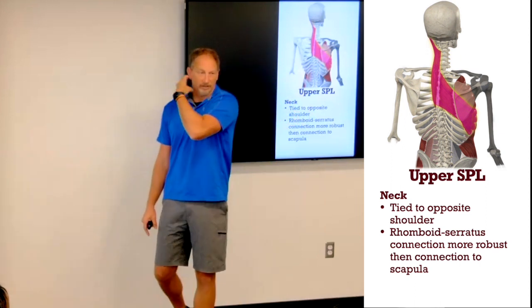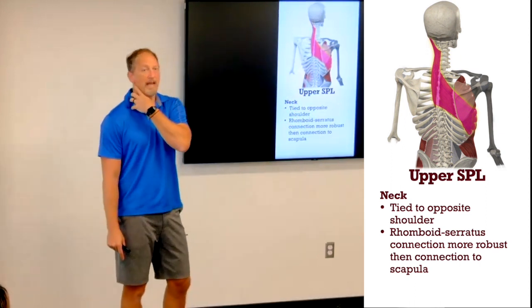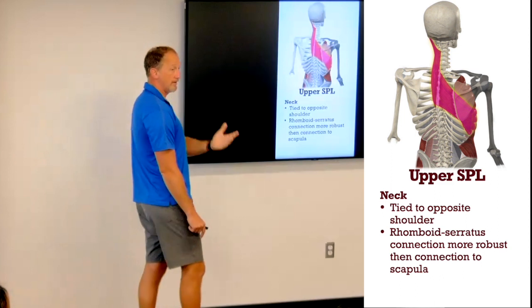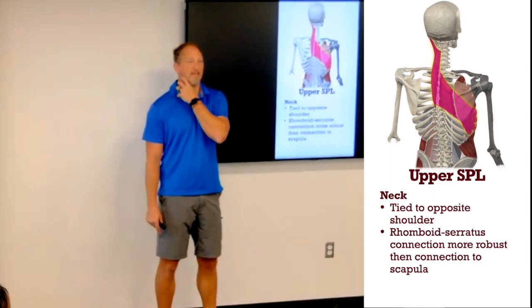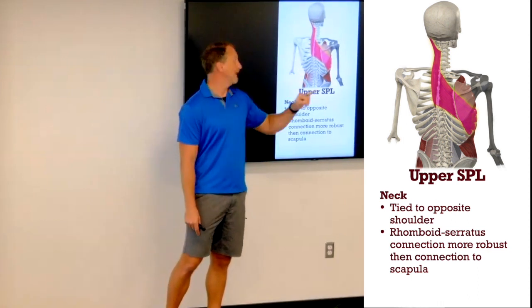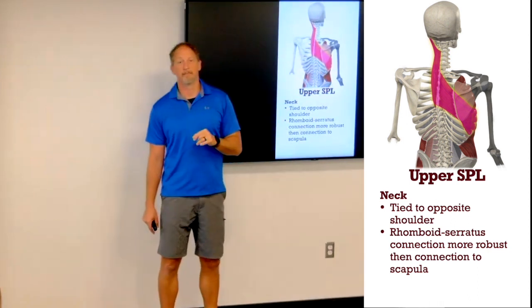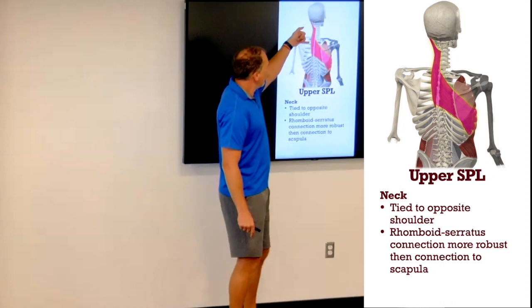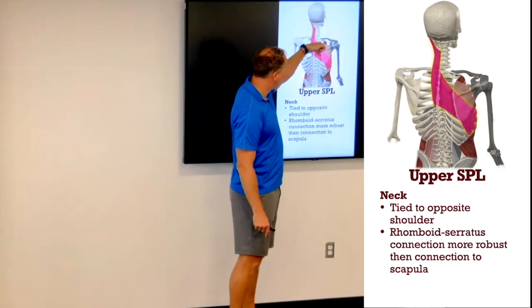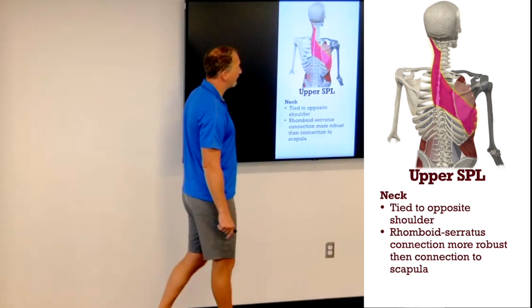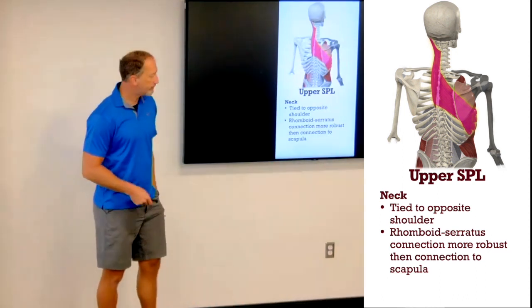If I only consider the neck on this side, yeah, I'm considering the lateral line involvement in the shoulder. Need to consider that, but I can't be so short-sighted that I forget the left side, I forget the tie-in of that spiral line. So that tie-in from the splenius down into the rhomboid, down into the serratus is extremely important.